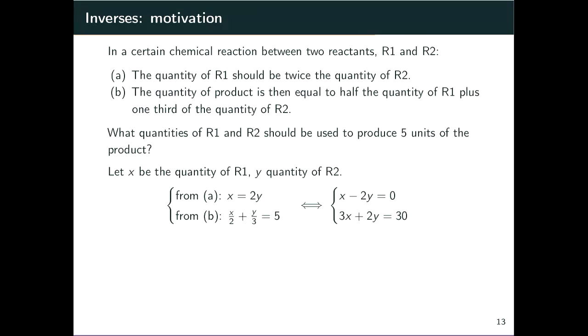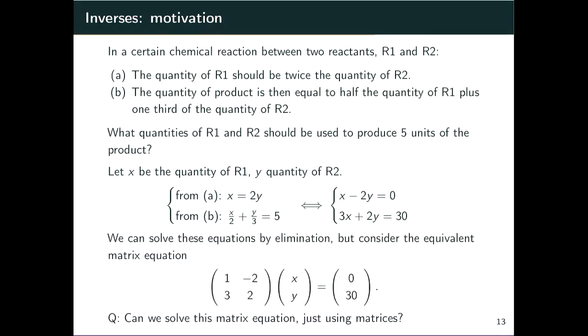So that's our simultaneous equation setup. All that I've done here is multiply this equation by 6, and take 2y from both sides of the other equation, just to make the arithmetic look nicer in this matrix.